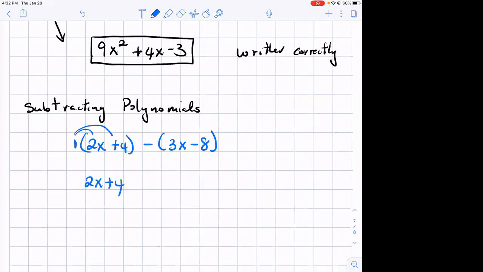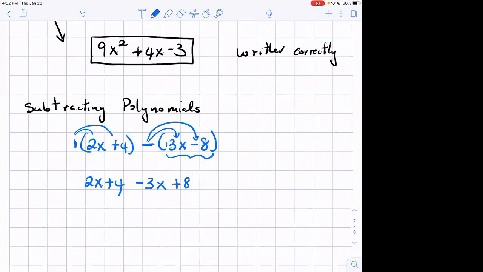But now, because you're subtracting, notice that when you distribute that negative to this term, that little plus becomes a minus 3x. And when you distribute that negative to that negative 8, it becomes plus 8. So note that as you distribute the negative, all of the signs inside of that parentheses change to their opposite.